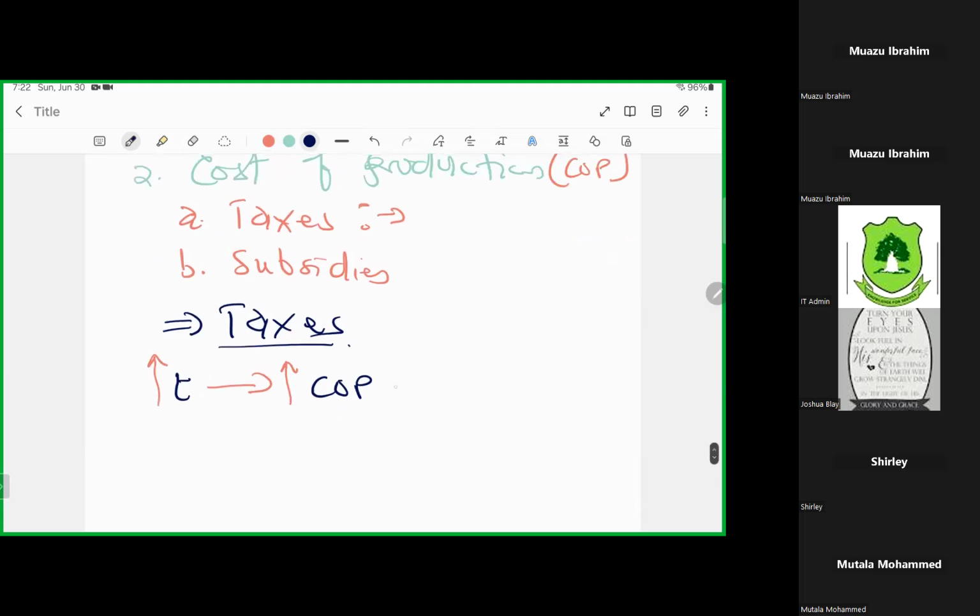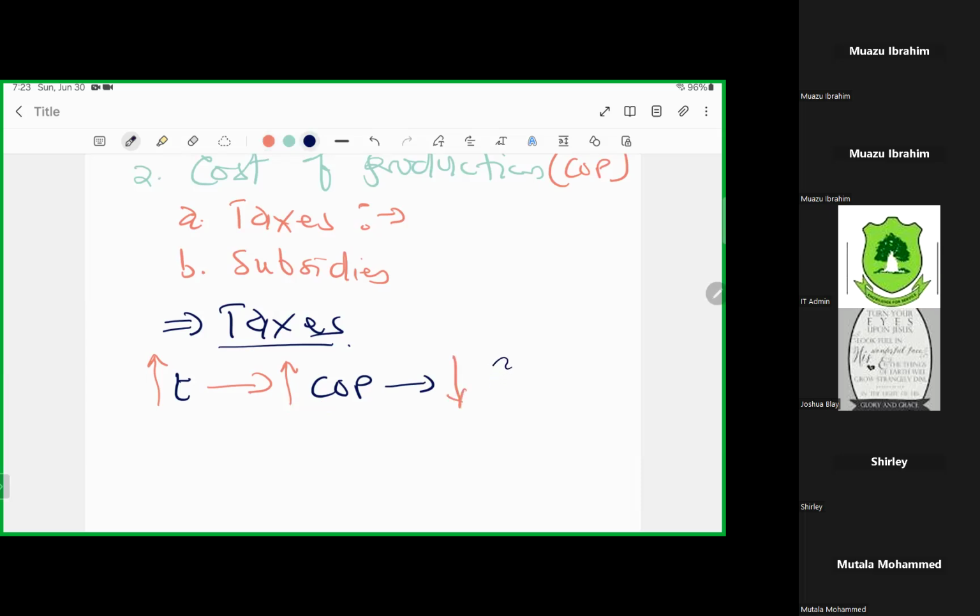And once there is an increase in firms' cost of production, what will happen to the amount they are going to produce? Because they are now going to incur more costs than before to be able to produce a particular good. So overall, the amount that they supply would also fall.